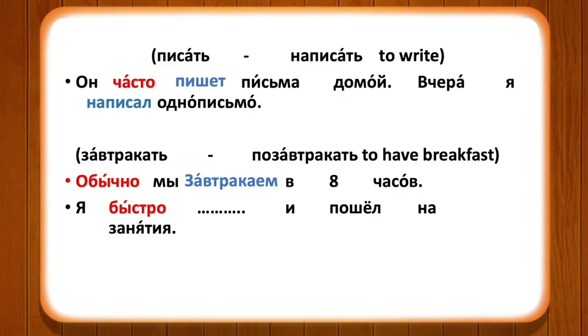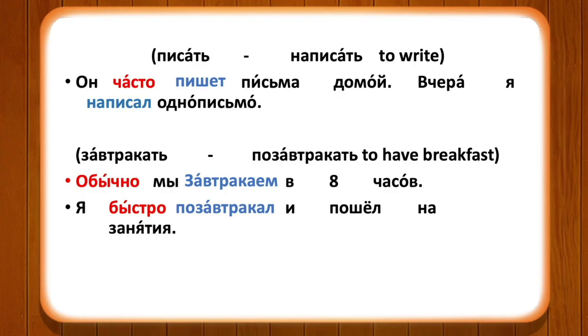So the verb that you will be using is позавтракать, and you will be using it in past tense because once it is completed, only then the next action has started. So пошел, the second verb here, is also used in past tense. So the first blank will be the past tense form of the verb позавтракать. Я быстро позавтракал и пошел на занятия.